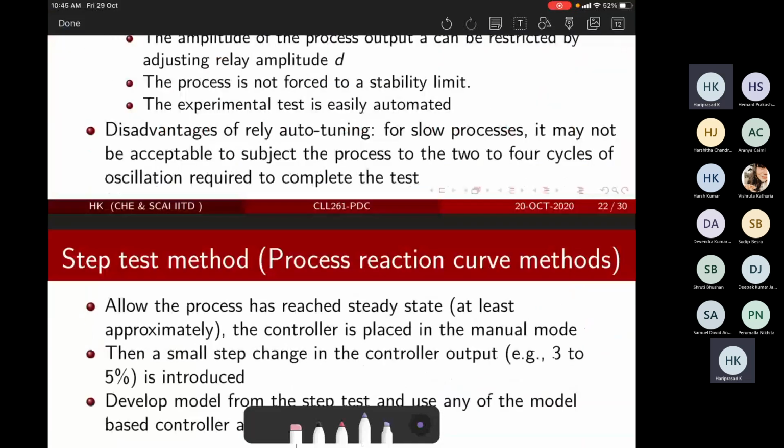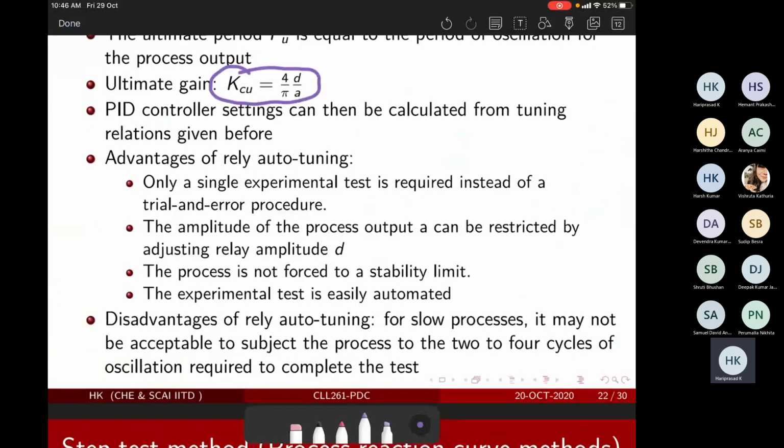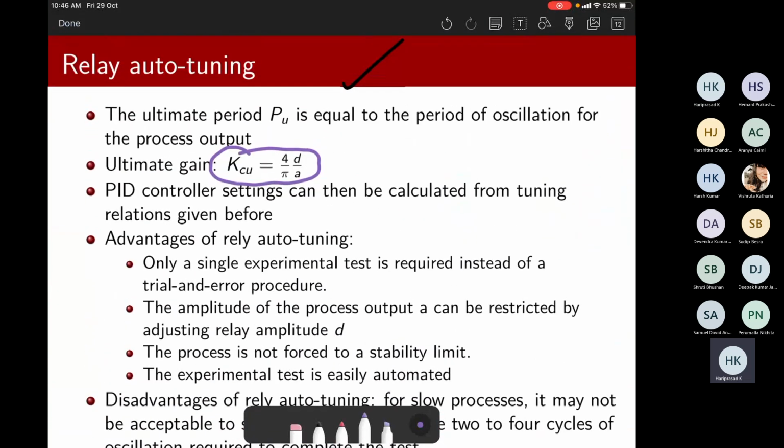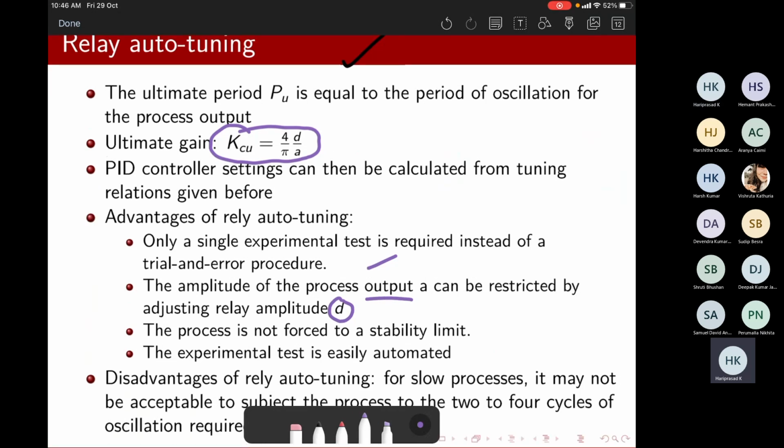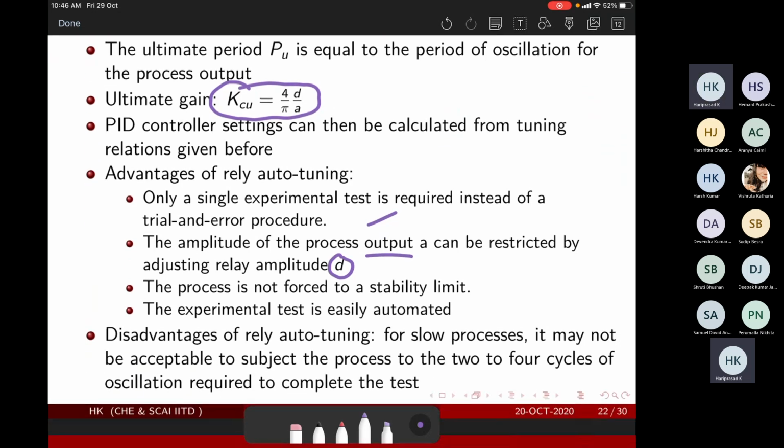So this is what you call relay auto tuning, and its advantages. As I mentioned, it needs only one experimental test. You don't have to go and change anything. And the output can be restricted by D. So you will be able to make an unstable system work stably, and a stable system oscillatory. And nobody is forcing you to reach the stability limit.